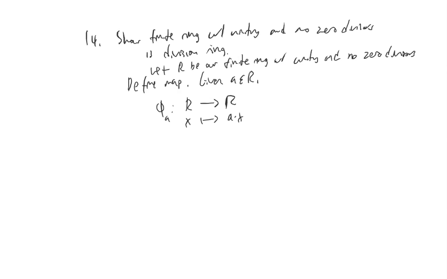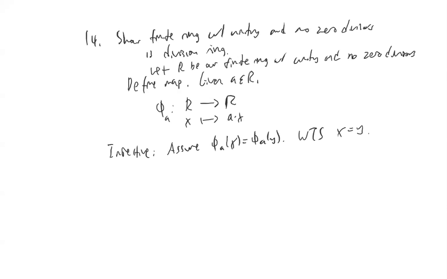So before I continue, injective is easy. How do I show injective? I assume phi A of x is phi A of y, and then I want to show x is y. Does everyone agree?